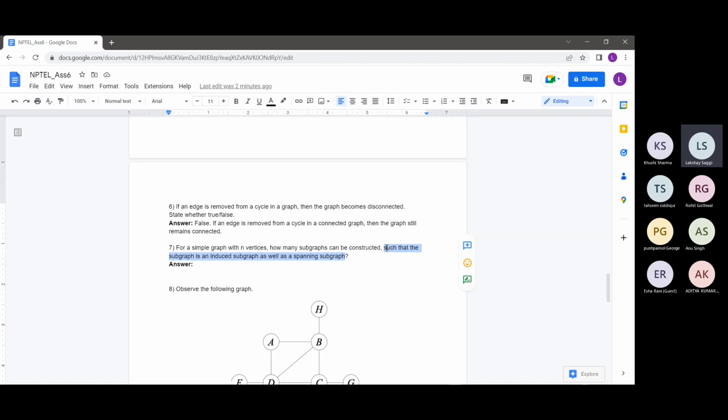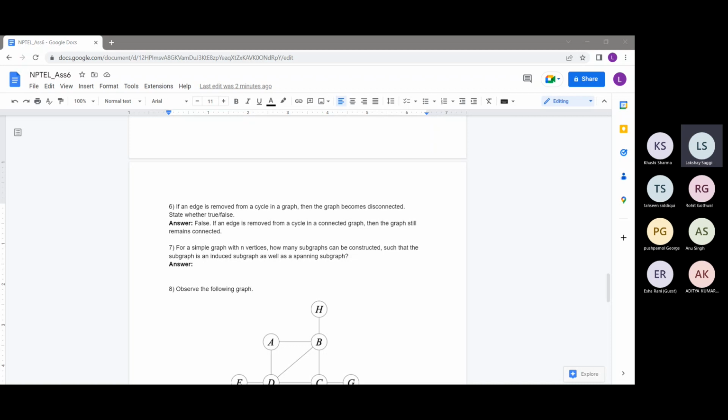You can see these formally also, but I believe this is a very straightforward question. How many subgraphs can be constructed such that the subgraph is both an induced subgraph as well as a spanning subgraph? Would anyone like to answer this question in chat?